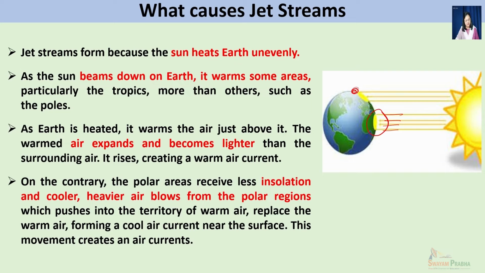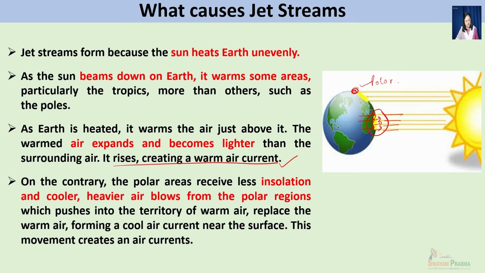And as Earth is heated, the warm air expands and becomes lighter than the surrounding air. As a result, it rises, creating a warm air current which ascends to the upper tropospheric regions near the tropical areas.